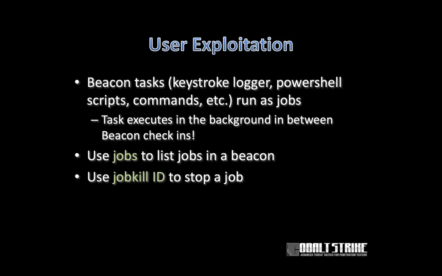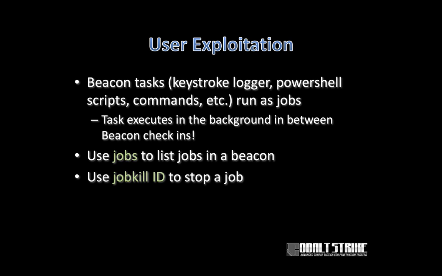Beacon tasks include long-running commands and post-exploitation tools that live inside of a temporary process or remote process, run as jobs. A job executes in the background in between beacon check-ins. To see the jobs in your beacon, type jobs.